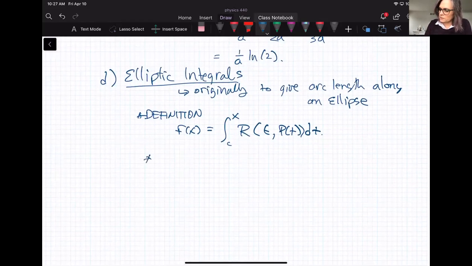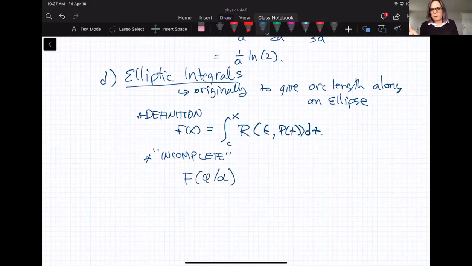The form that's sometimes called incomplete is sometimes written as a function of phi, which might be an angle, and alpha, which is a sort of modular angle. Sometimes it describes the eccentricity. So it's essentially a parameter.